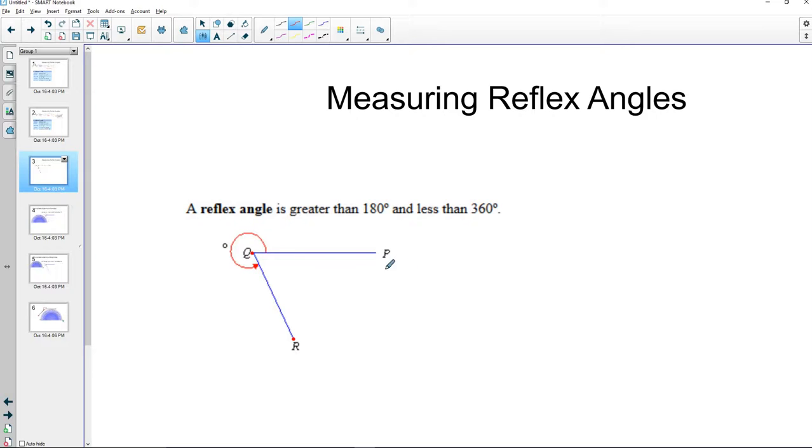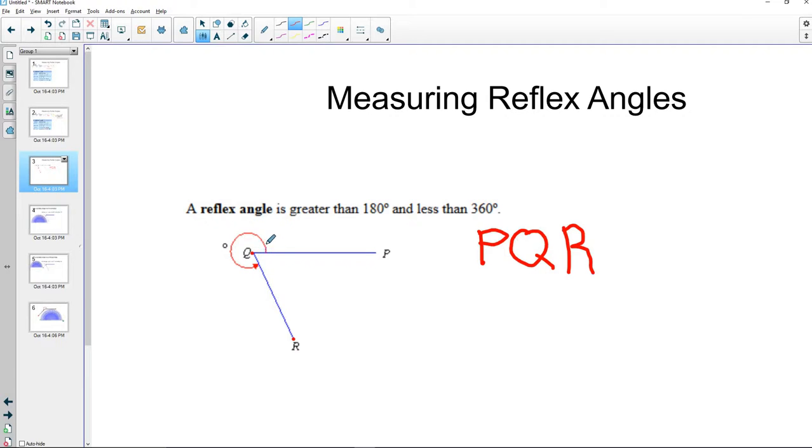Angles are often represented in mathematical writing by their endpoints. So one might say PQR if they wanted to talk about the angles relating to here. So this angle here and this angle here.